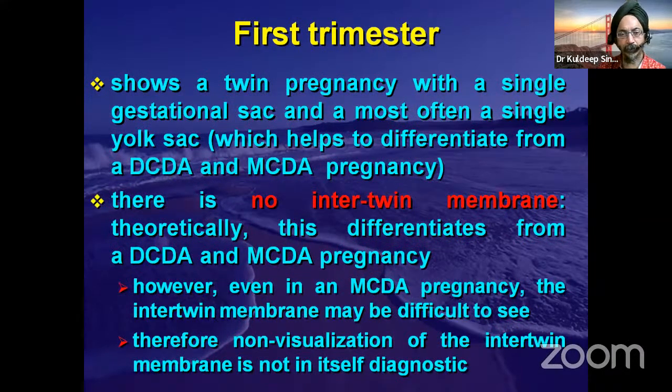So when we're looking at a single gestational sac with a single yolk sac, this differentiates. That's how the first trimester or the initial 7 to 8 week scan is so important. No intertwin membrane. But we need to be careful, even in monochorionic diamniotic, sometimes looking at an inter-twin membrane can be difficult.